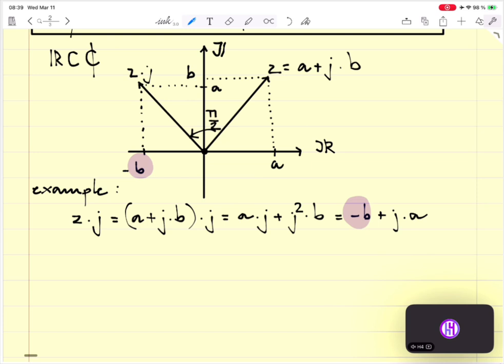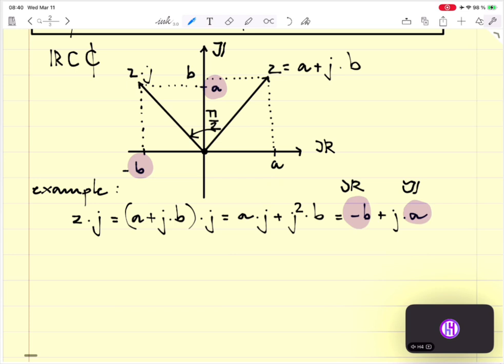Because this is the real part, and this is the imaginary part. The real part is minus b, the imaginary part is a. Whatever is multiplying j is imaginary, whatever is not multiplying j is the real part.